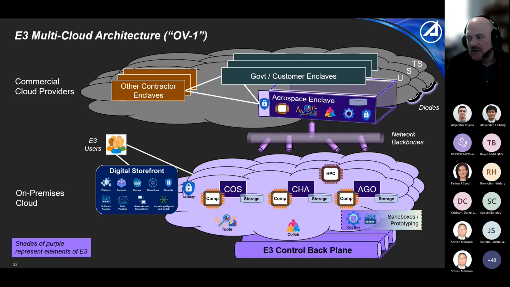But on the back end here, you see different classification levels, different services being provided at different locations across the country. And then there's a linkage to the commercial cloud, and we'll have an enclave there that we envision will be compatible with different government customer enclaves as well as other contractor enclaves. And again, that's got to be multi-cloud because we're operating all the way up to TS/SAP. So kind of a cartoon view of what the architecture is beginning to take shape as.